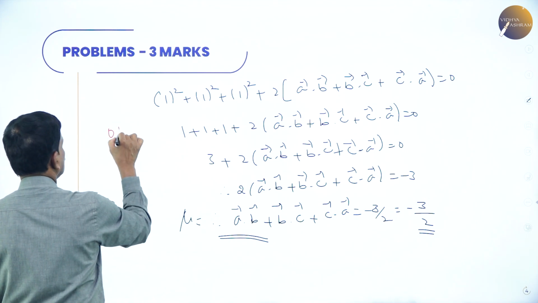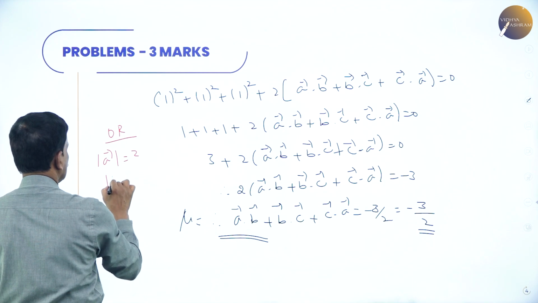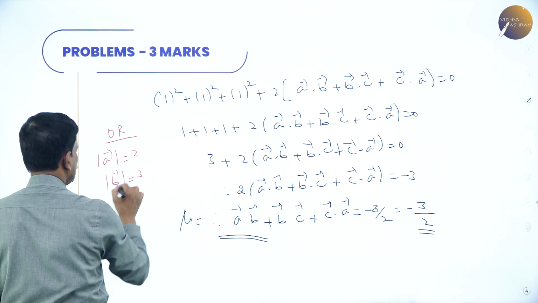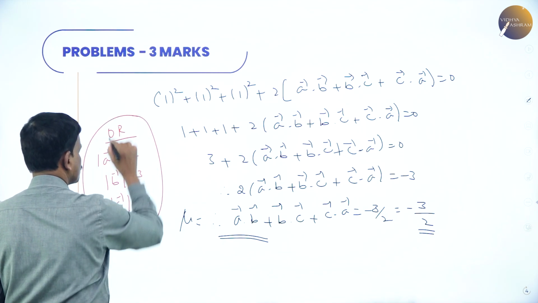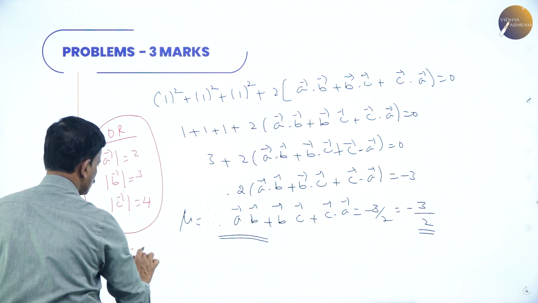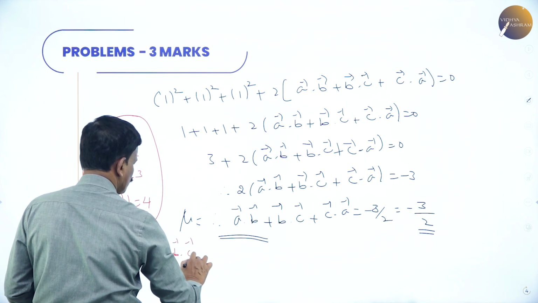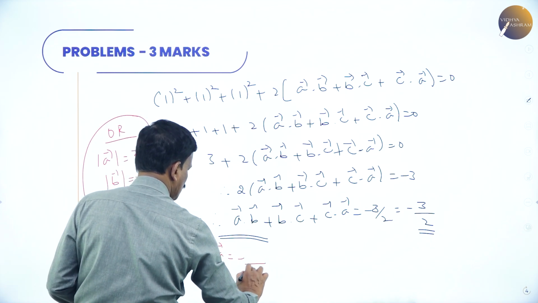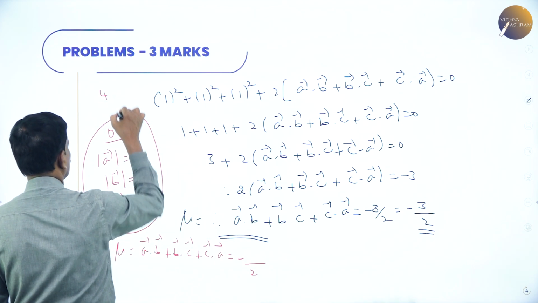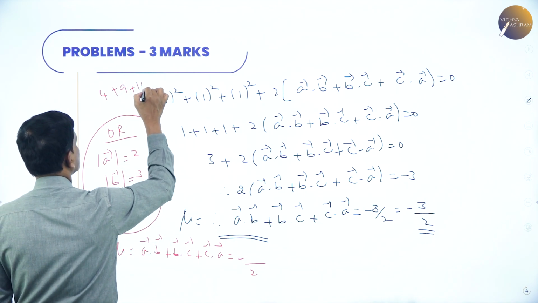For example, if the length of A is 2, the length of B is 3 and the length of C is 4, then in this case also you can find mu, which is A dot B plus B dot C plus C dot A, equal to minus of A square, 4, plus B square, 3 square is 9, plus 4 square is 16.